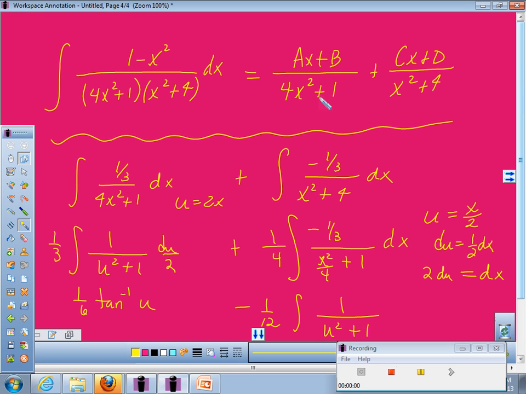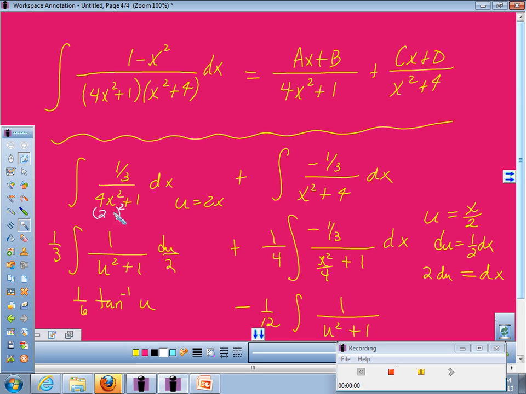If you'll recall, if you move down to the next line, I pulled the 1/3 out front. What you need is it to be u squared plus 1 on the bottom, so it looks like the inverse tangent rule. But to make that u squared, you have to ask yourself up here on the 4x squared, what is it that I'm squaring to make 4x squared?